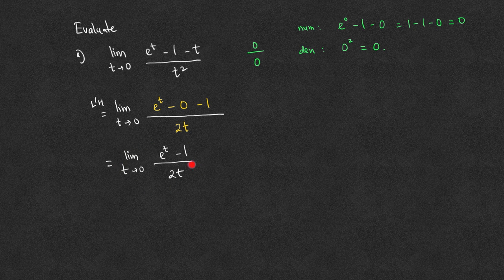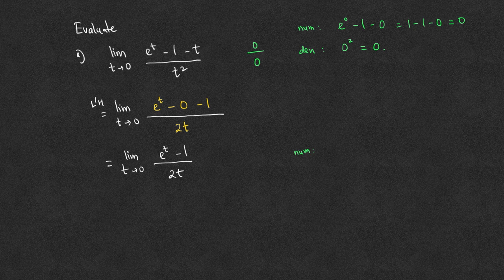The answer to this limit is the same as the answer to the given limit. We treat this limit as a new limit problem. Since the numerator is continuous and the denominator is also continuous, we will attempt to plug in t equals 0 to check what the numerator and the denominator are.